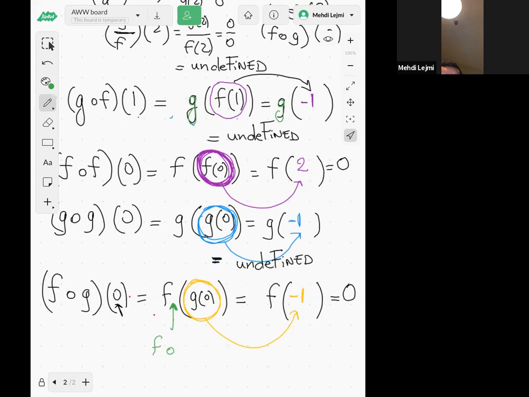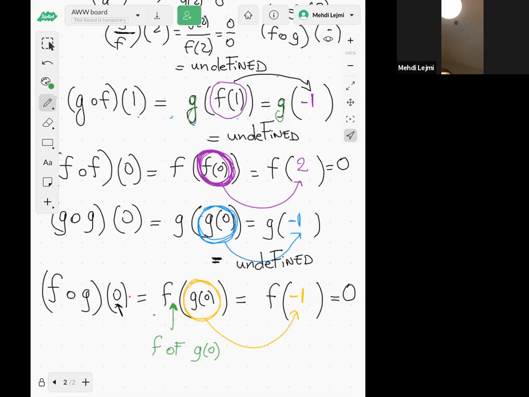That's f of g of 0. The space there is off. It's f of what's inside the parentheses, g of 0. It's not f multiplied, not f dot. It's not multiplication. It's just composition.